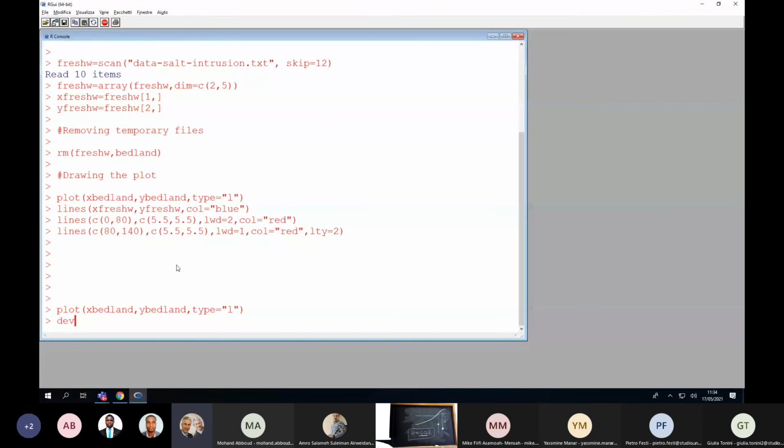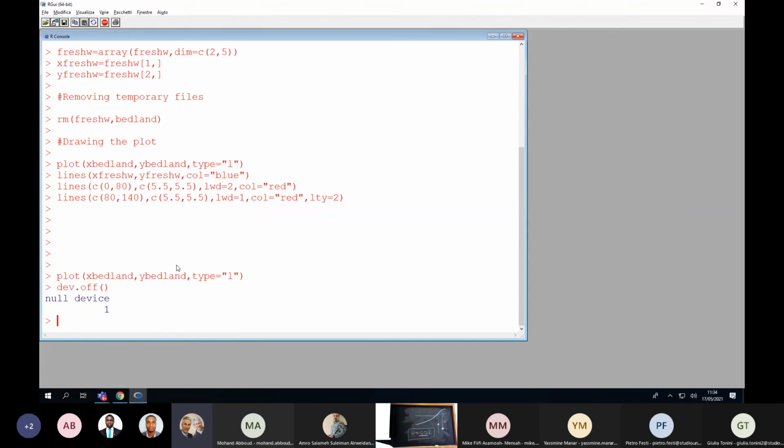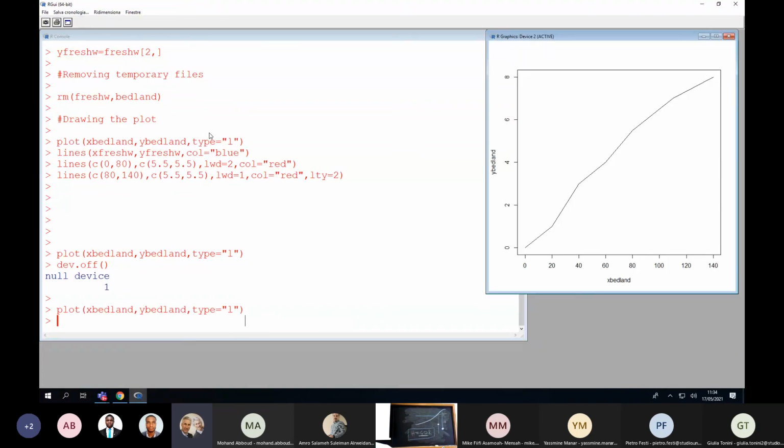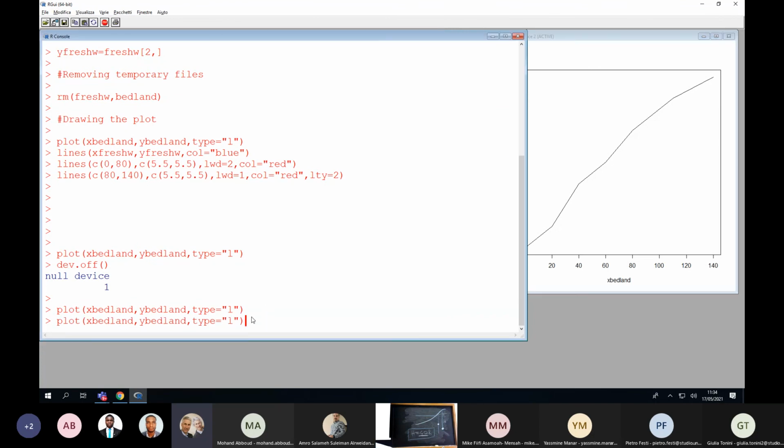Just 1 second. Okay, this is the bedland. Look at the plot window, and then let me get the lines.